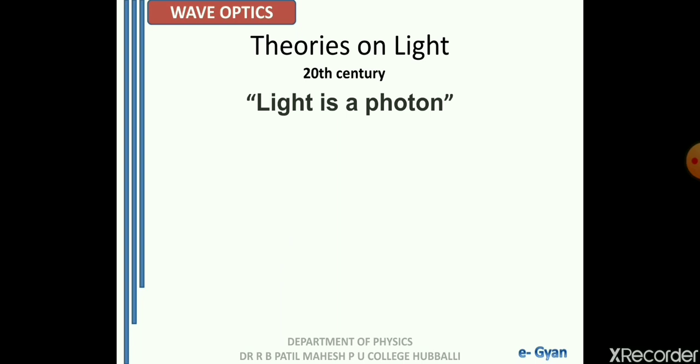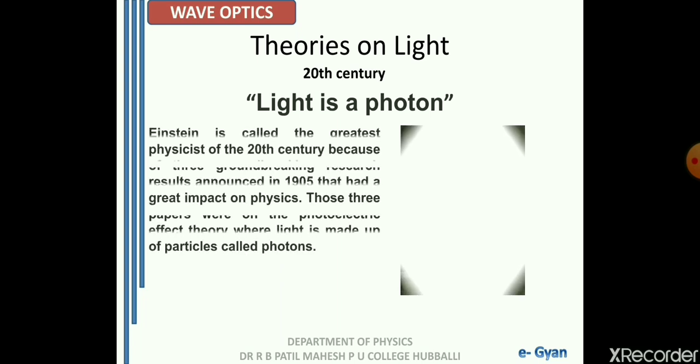Then why did the people before the proposition of photon theory call it a particle and call it a wave? The reason is, when the light interacts with various matter objects, in certain cases, after certain phenomena, it exhibits the property which is similar to that of waves. But in some other cases, it appears to have particle nature.